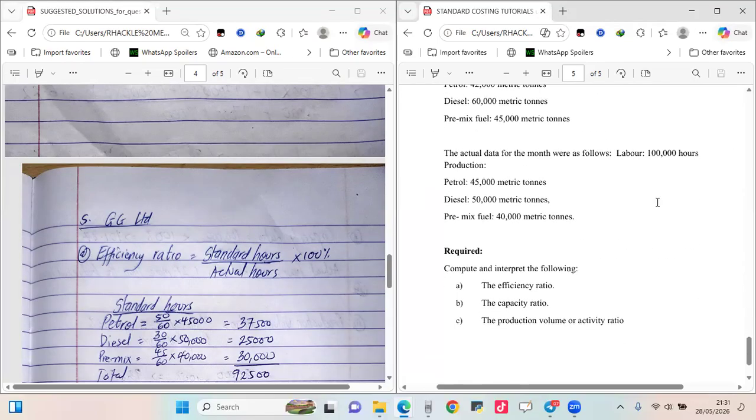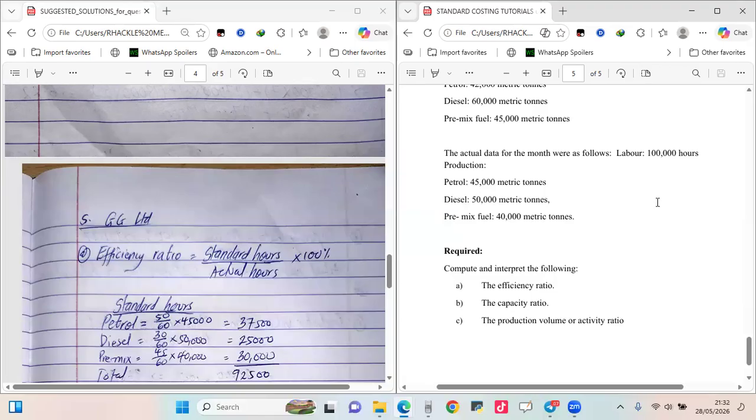We should compute the efficiency ratio. So efficiency ratio normally talks about how we've used the hours. Like have we used the hours well, or we haven't used the hours? So when we are doing the efficiency ratio, we normally compare the standard hours to the actual hours, whether we've used more hours to produce or less hours to produce.